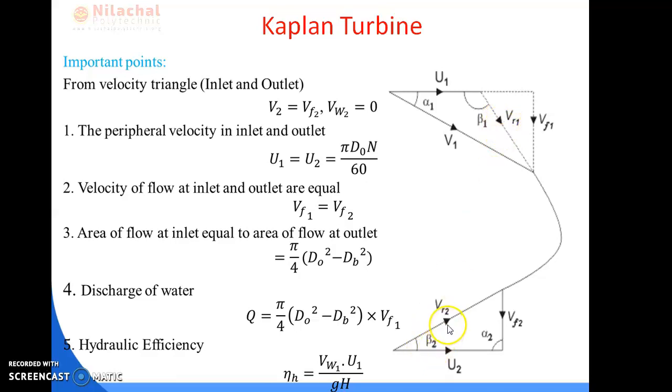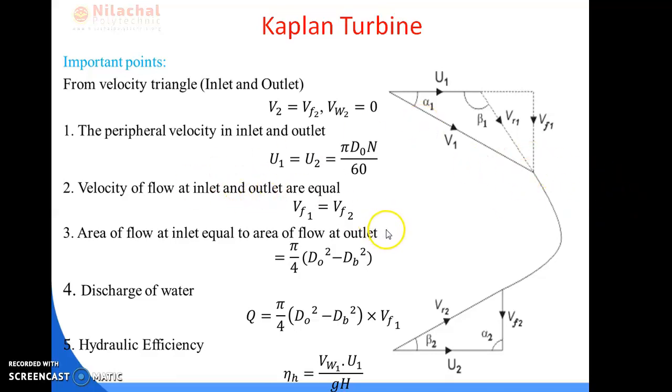Vr1 and Vr2 are the relative velocities of water. From inlet to outlet the velocity remains constant because the surface of the blade is smooth and clean, so we can take Vr1 is equal to Vr2.